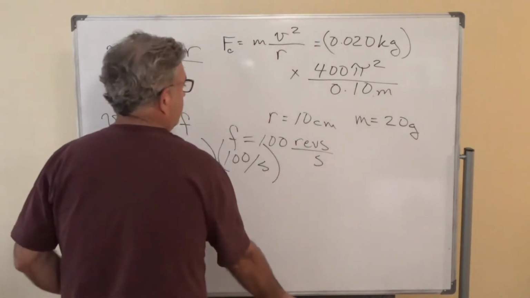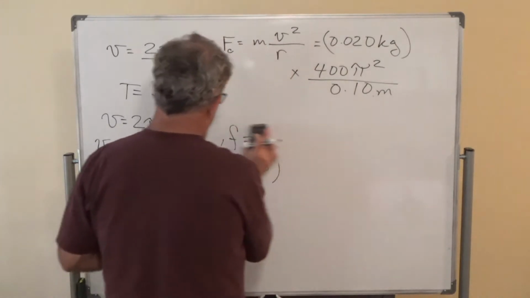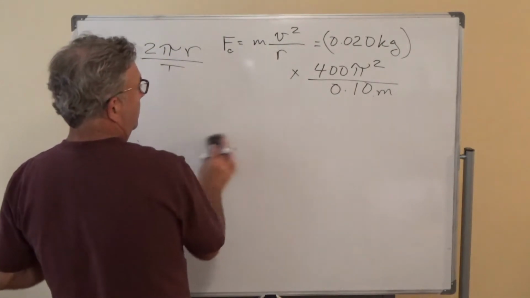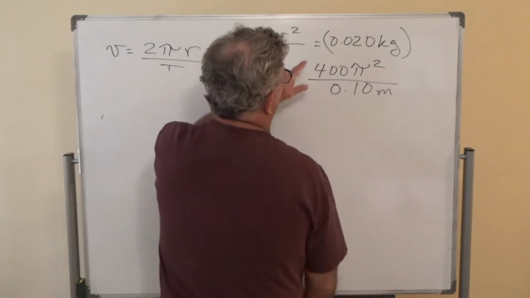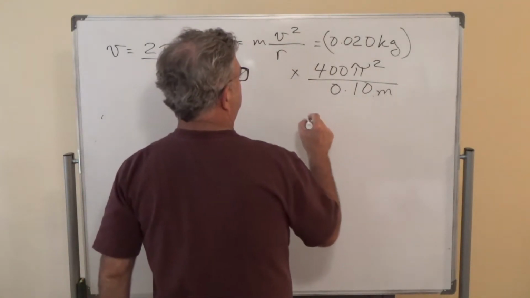Okay. So we do this calculation, what do we get? Let's see. This becomes 4,000 pi squared.